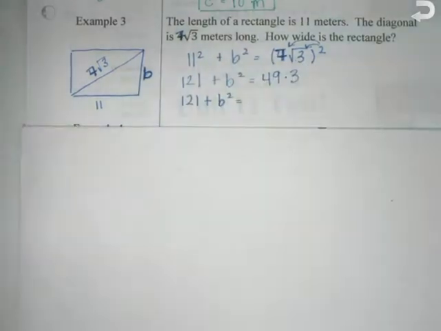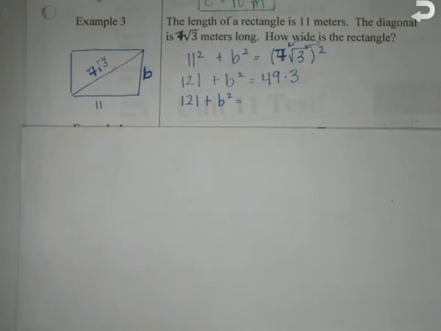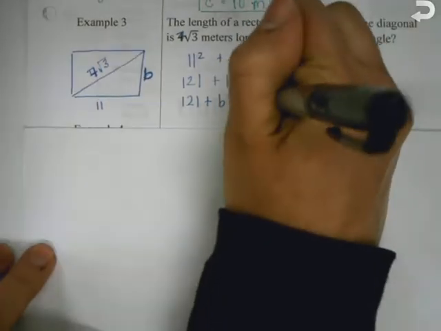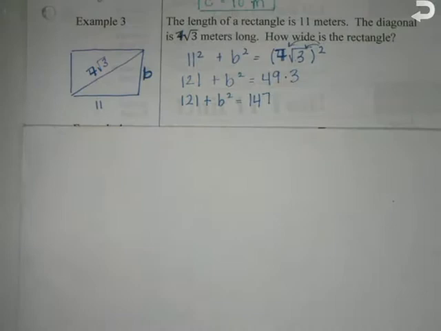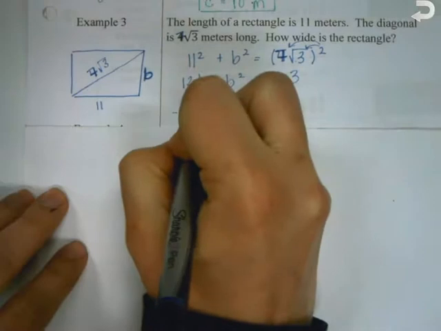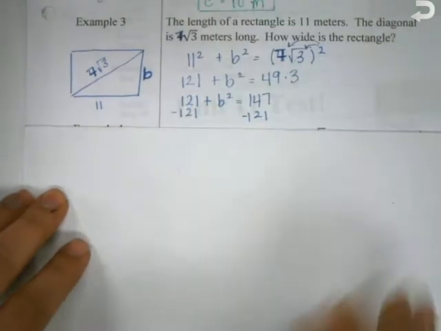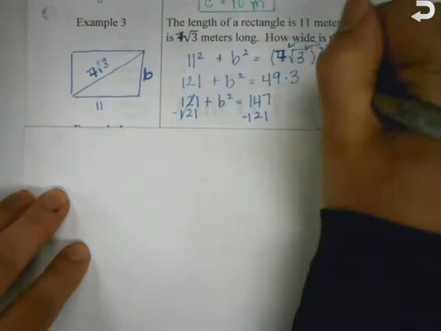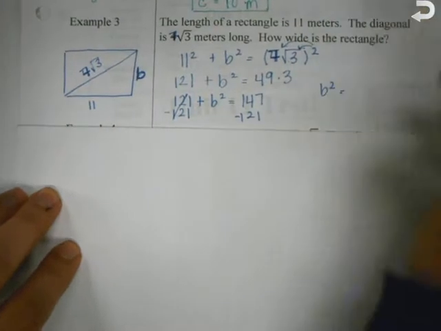What does that give me? 147. Good. Okay. So what's next? Subtract 121. So that gives me B squared equals 26. And Zeke, what do I do?